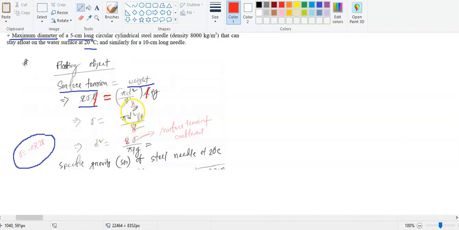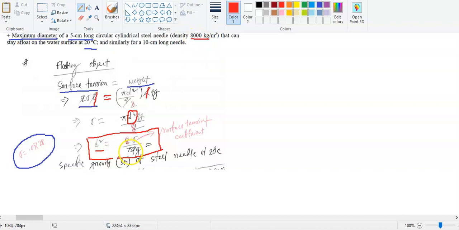So we need to calculate the maximum diameter d. If we write d square, it should be 8 sigma over pi rho g. Okay, so this is the relation we got. We know sigma, we know pi is constant, we know gravity is constant, and we know the density is 8,000 kilograms per cubic meter.